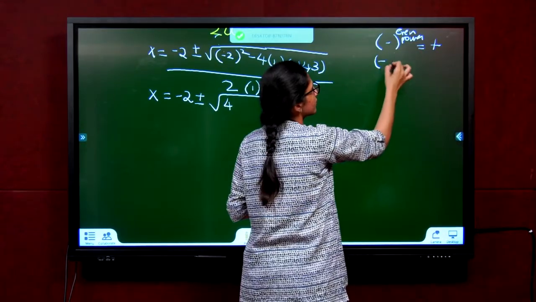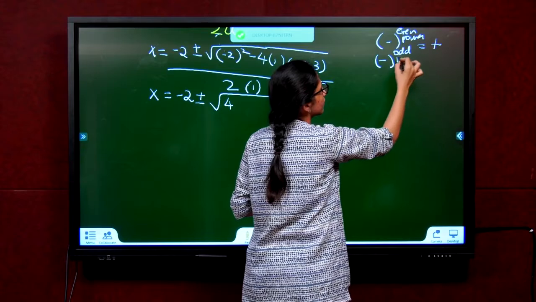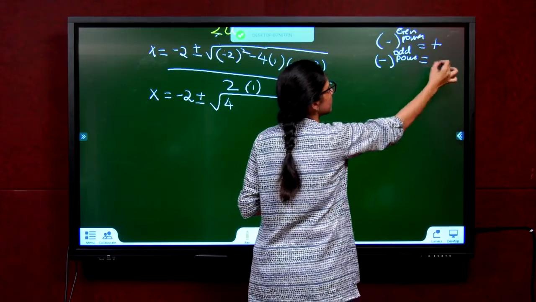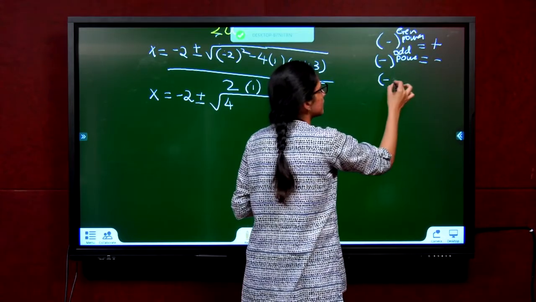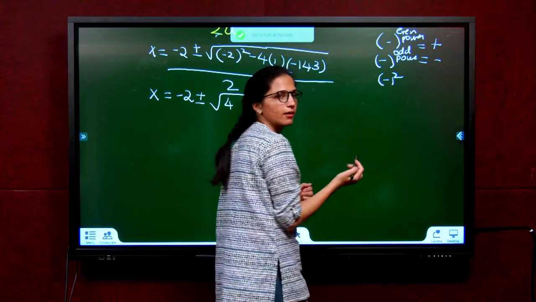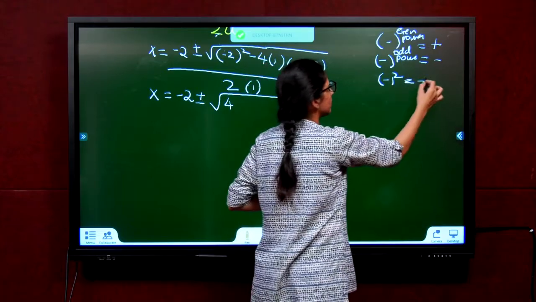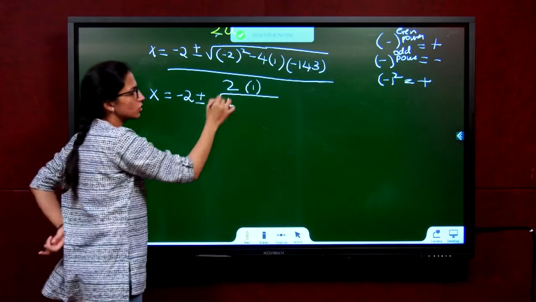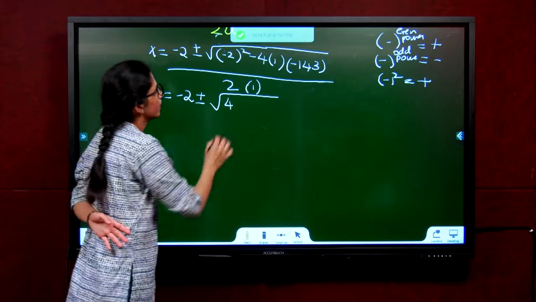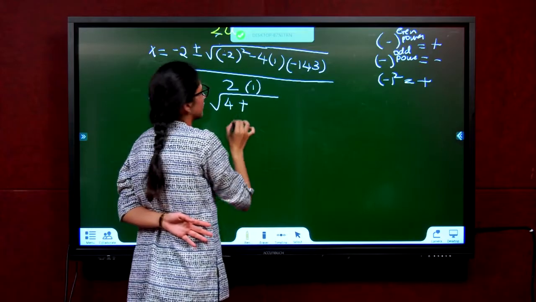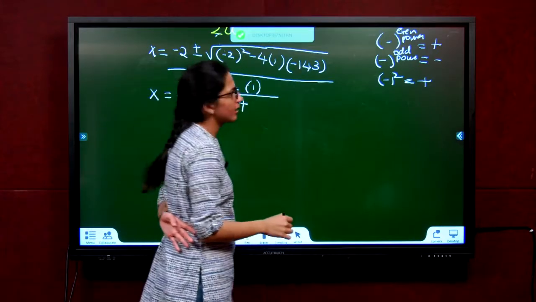If you have a negative sign and an odd power, it becomes minus. Minus 2 the whole square: 2 is even, so this will become plus. That's why minus 2 the whole square, 4. Minus into minus, plus. 143 into 4.